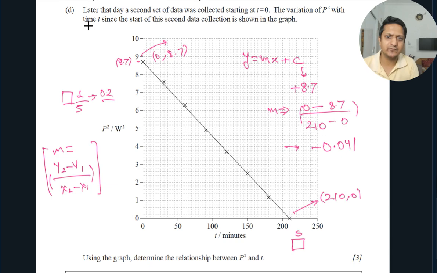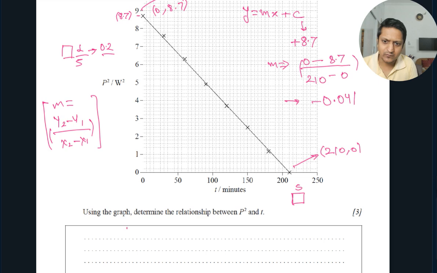0.041, that is negative. So what will be the value of y? The equation y equals mx plus c will be changed to p square, because y is p square and m is the negative of 0.041. X is the time t, plus 8.7. That's it.